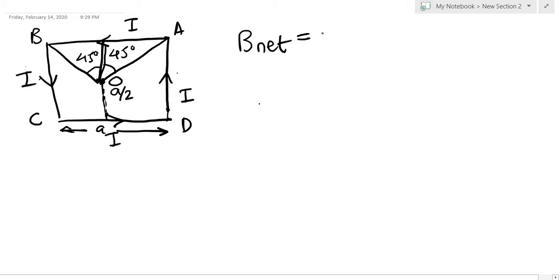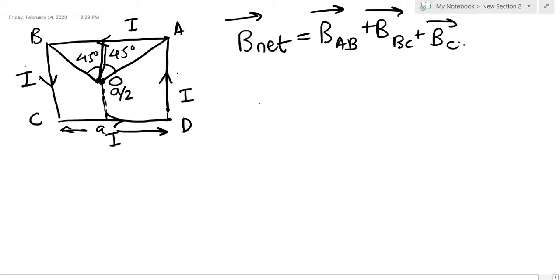So 4 sides contributing to the B net. Since it's a vector, we'll have to do a vector addition.